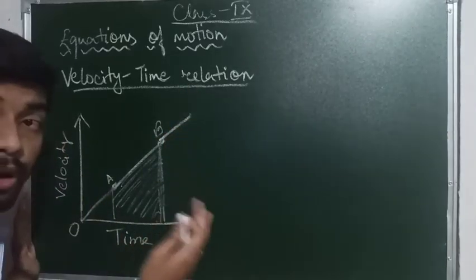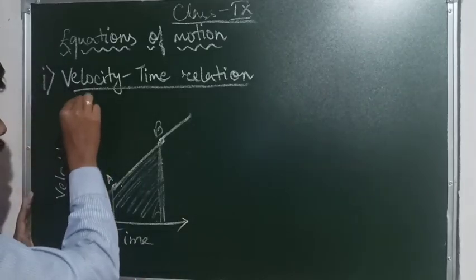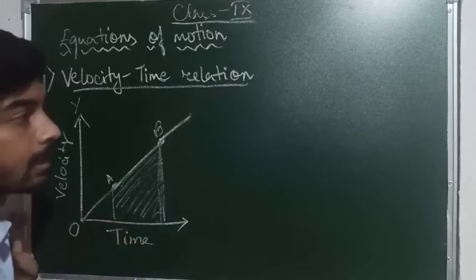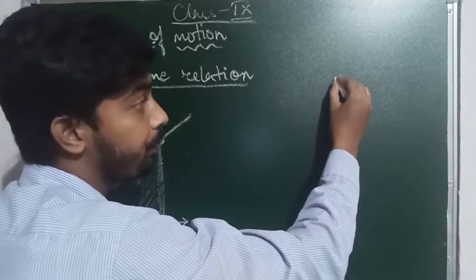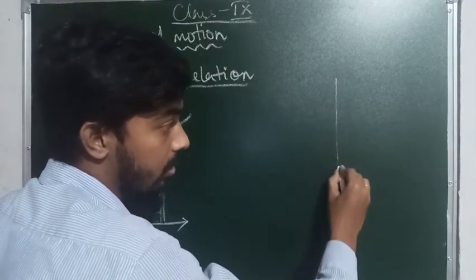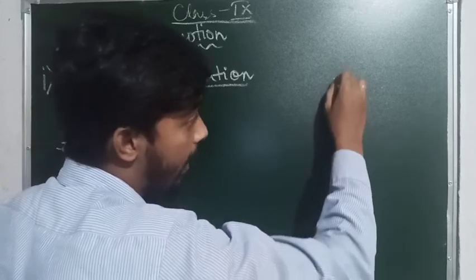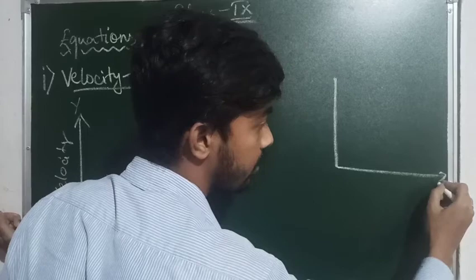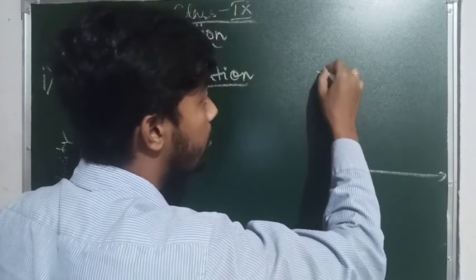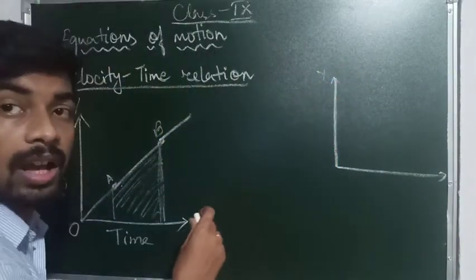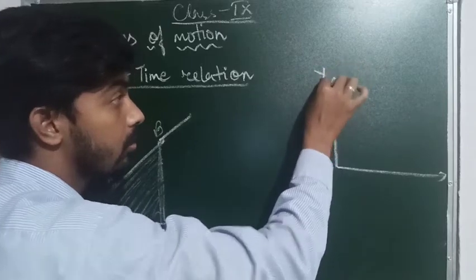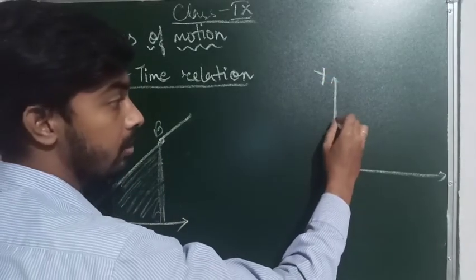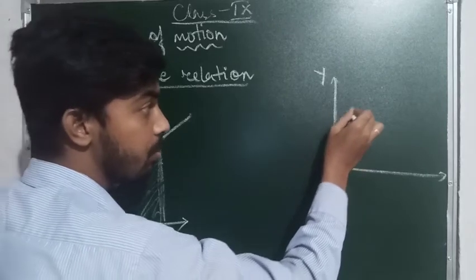For that we can shift this y-axis onto point A. I am drawing it here. This was our y-axis, this is our x-axis, and here I am shifting this point A, taking this much part of the graph.